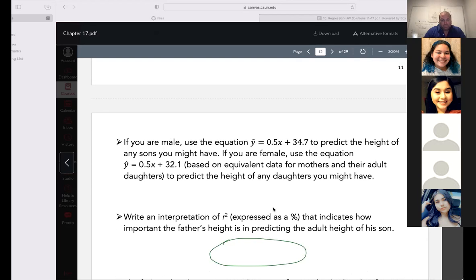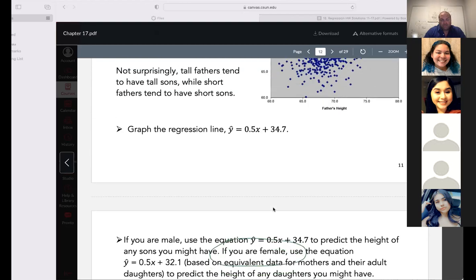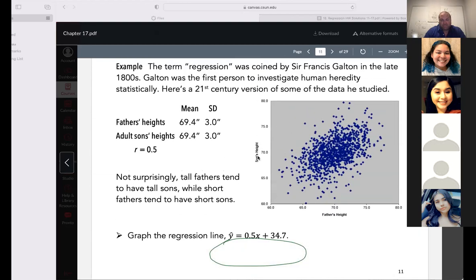Now, what percentage of the son's height can be attributed to the father's height versus other factors that are not being considered? What percentage of the variability in the son's heights can be explained by variability in the father's heights?